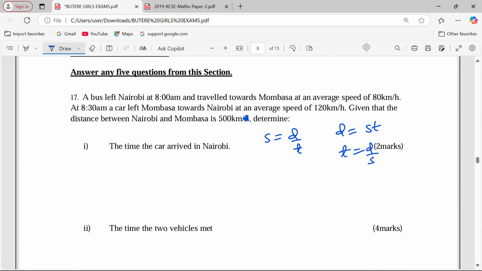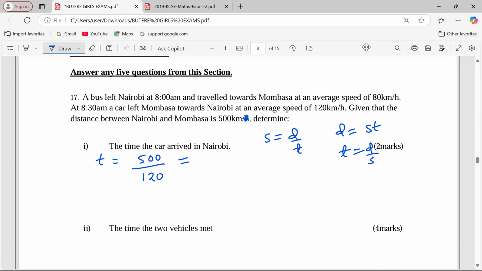So you should know the correlation between the three quantities that way. When a car starts the journey at 8 using a speed of 120, and the distance is 500, we divide 500 kilometers by a speed of 120 to get the time taken. So time equals distance over speed.